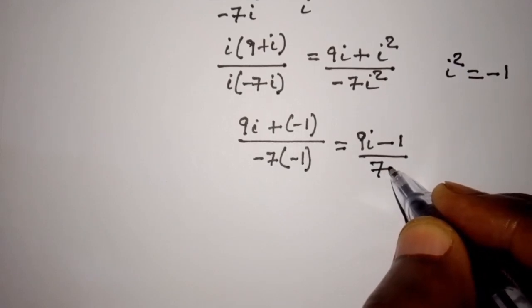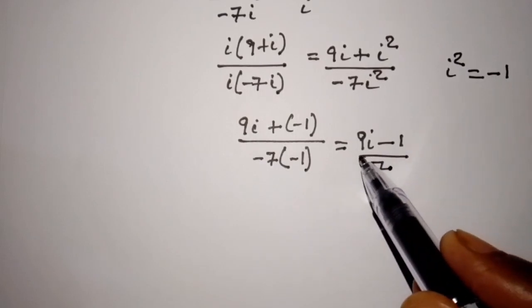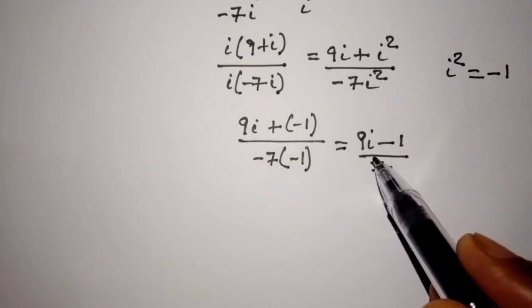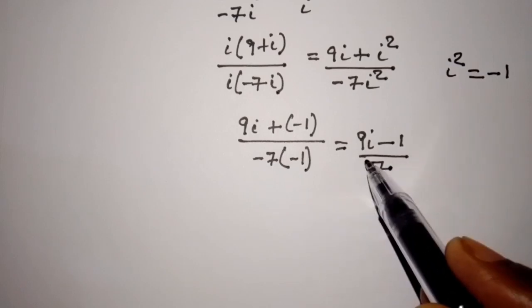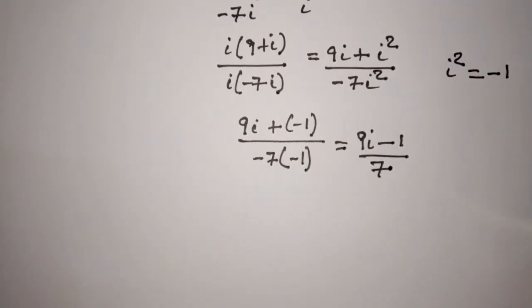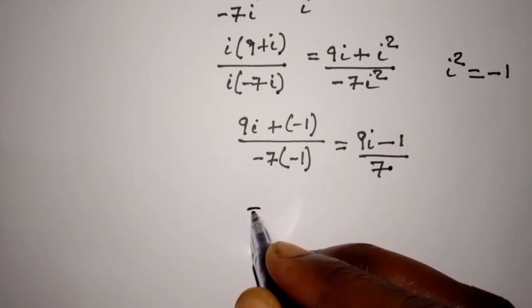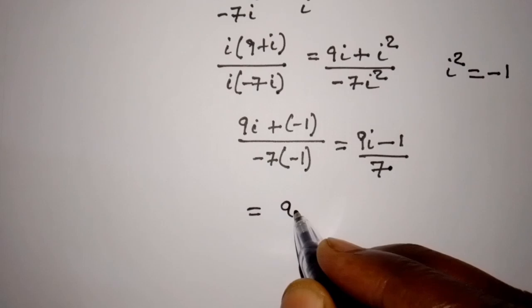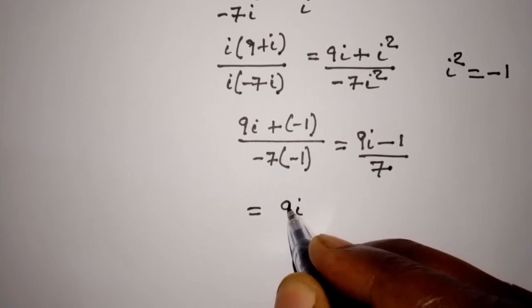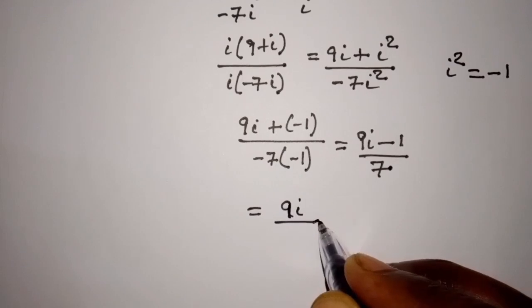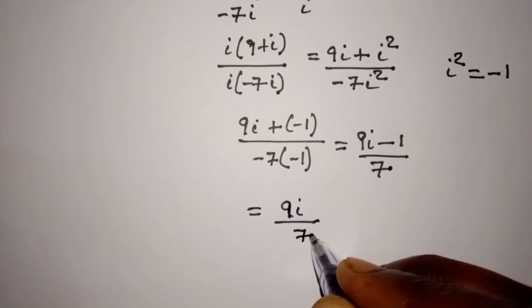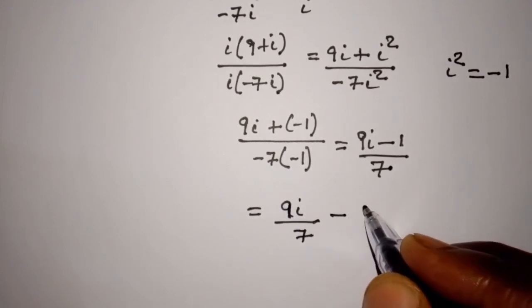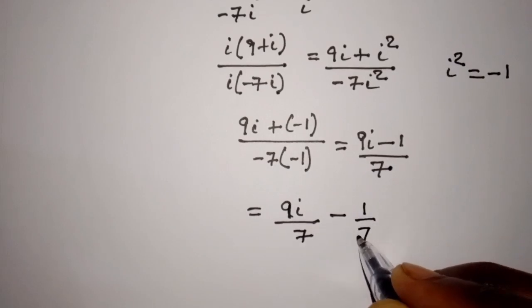Now we can split this fraction into 2, and this is giving us 9i over 7 minus 1 over 7.